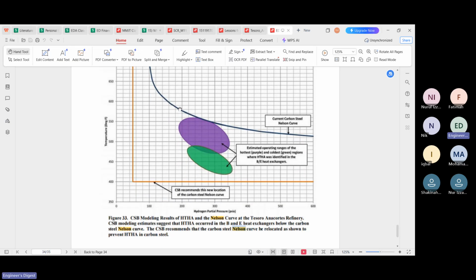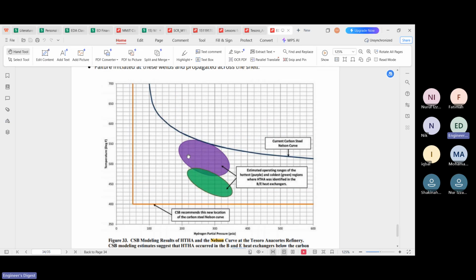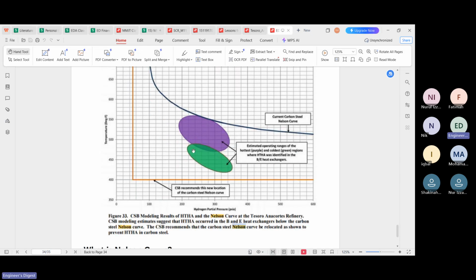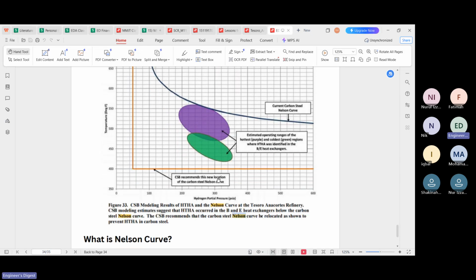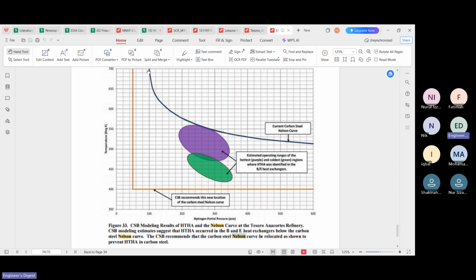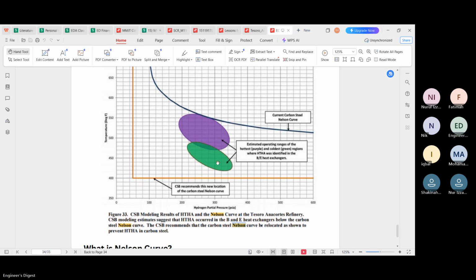If it's below this curve, let's say here, then it is not prone to hydrogen attack. But for the case of Tesoro, the temperature and also the hydrogen partial pressure is actually below this Nelson curve, but still it happens.